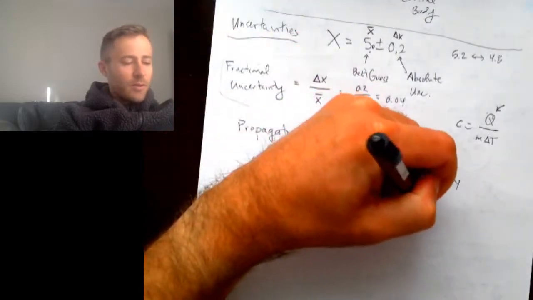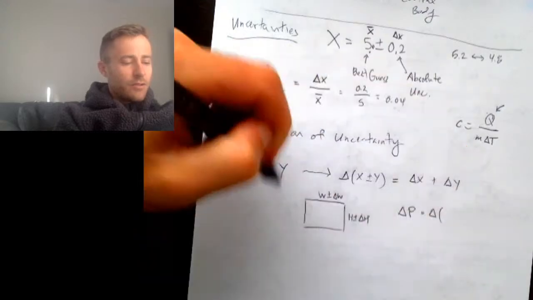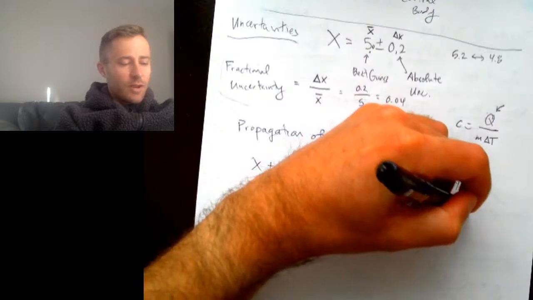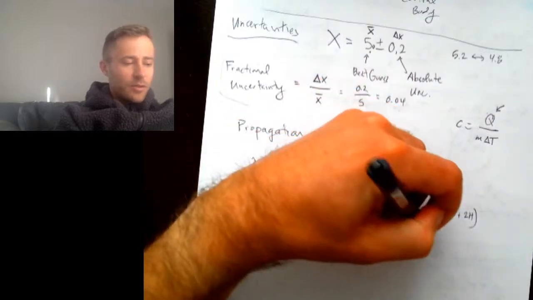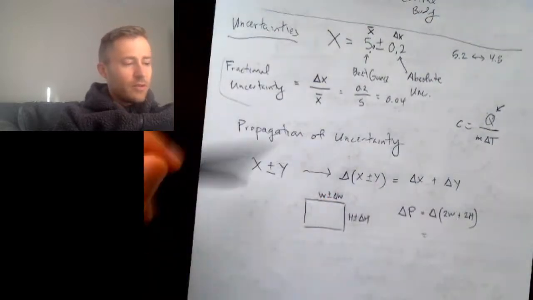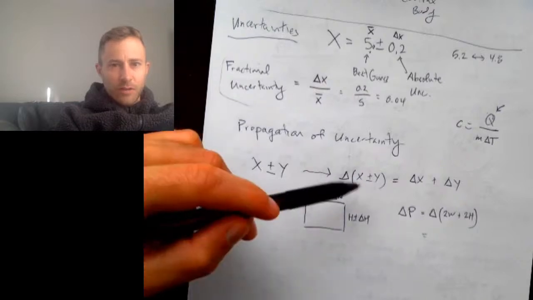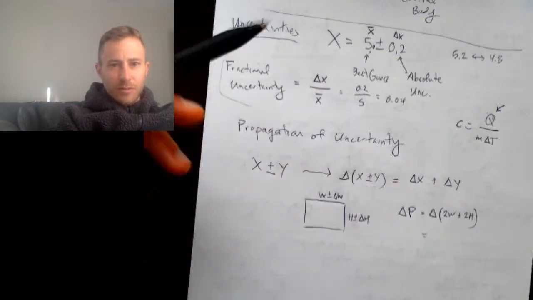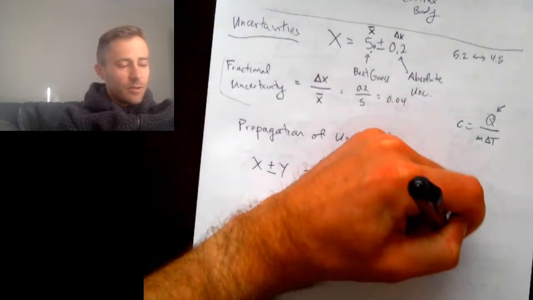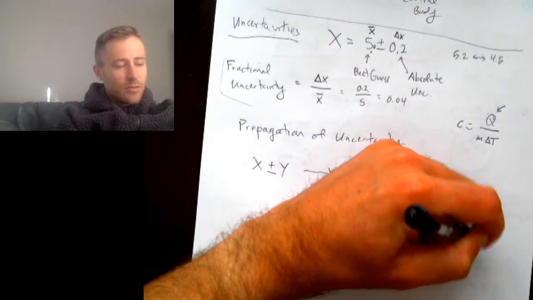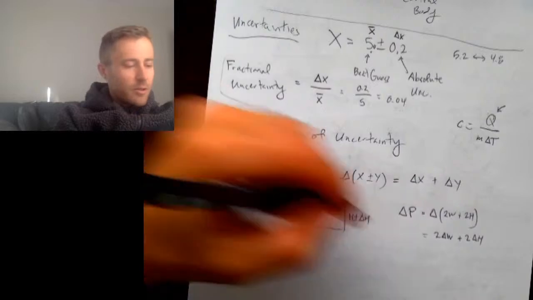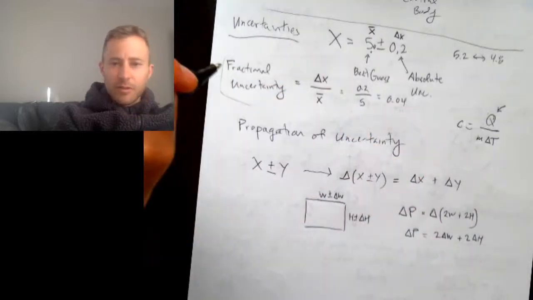So the perimeter is twice the width plus twice the height. So this is going to be two things added together. And when things are added or subtracted, their absolute uncertainties add together. So it's going to be 2 times delta w plus 2 times delta h. That's going to be the absolute uncertainty in the perimeter.